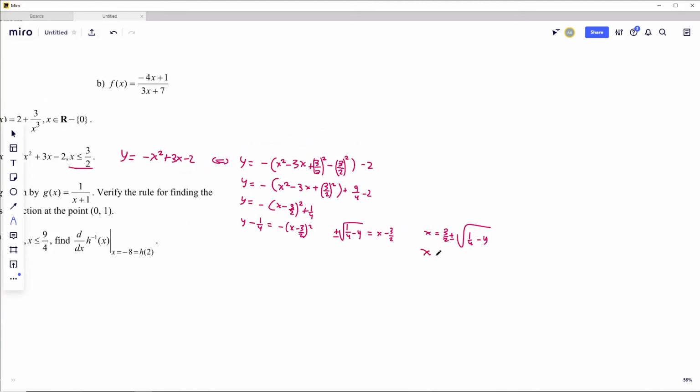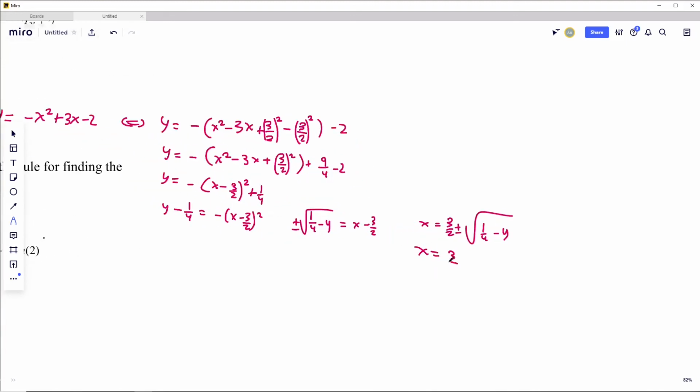We want it to diminish. So 3 over 2 minus the square root of 1 over 4 minus y, and then interchange. And boom, we're done. This is your expression. Let me quickly double check. And yeah, pretty much.